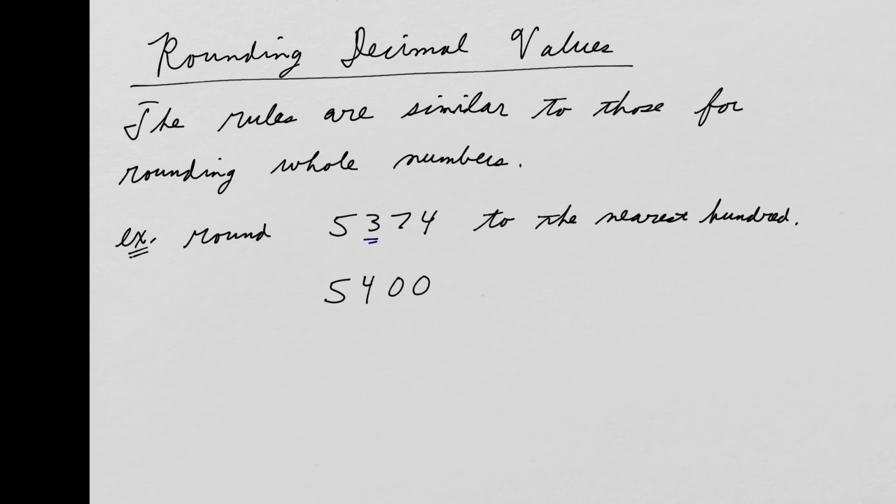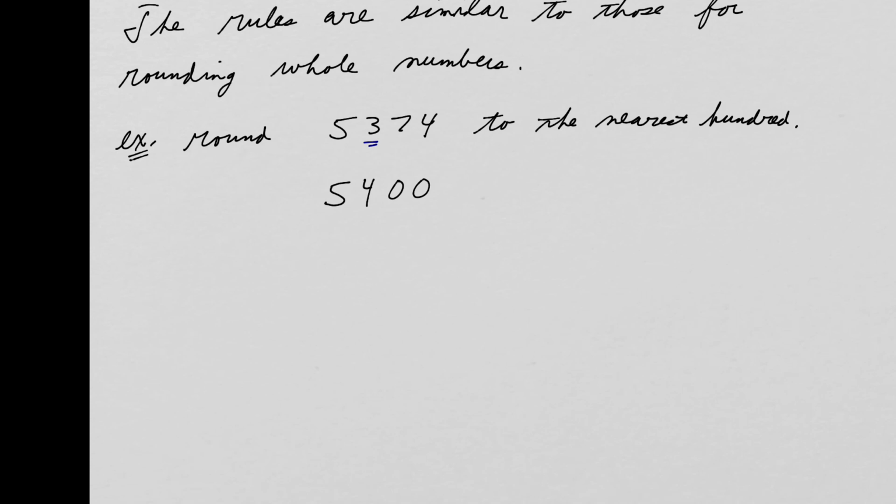Okay, so it's very similar for decimal values, except if you're rounding something to the nearest tenth, hundredth, to the right of the decimal point, then instead of making everything else zeros, you just drop everything else after you've rounded. So let's talk a little bit about that. For example, let's say I want to round 3.5902 to the nearest thousandth.